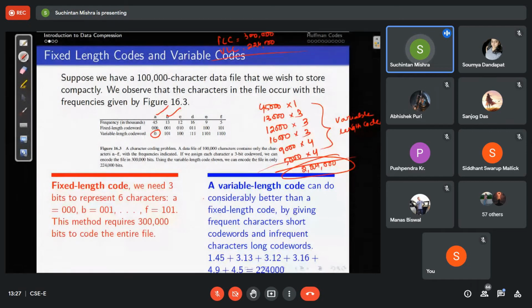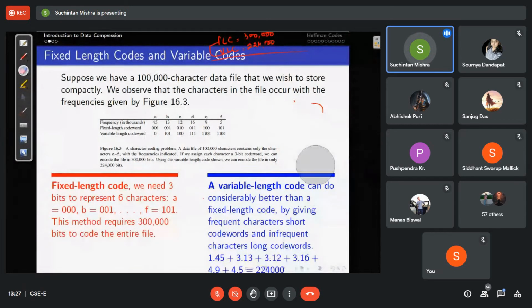What is the compression ratio? How much compression can we achieve if we are using a variable length code? Initial minus final by initial. 3 lakh minus 2,24,000 by 3 lakh will give you the compression ratio.